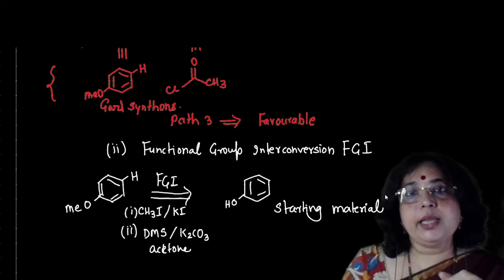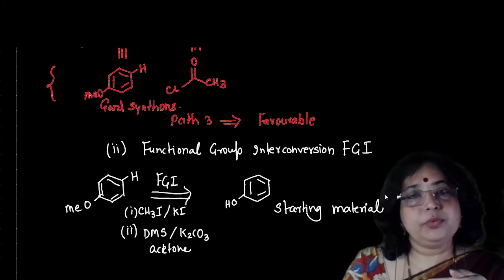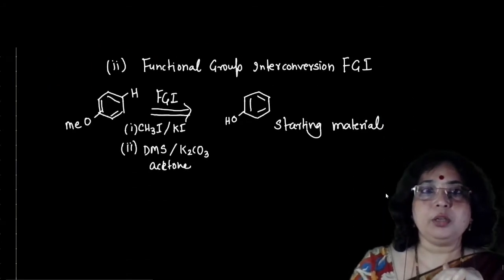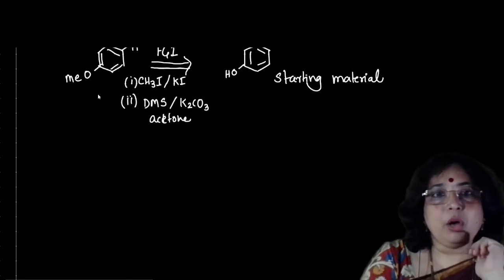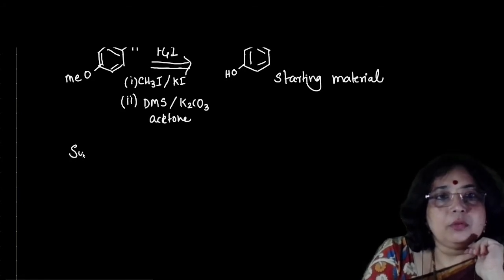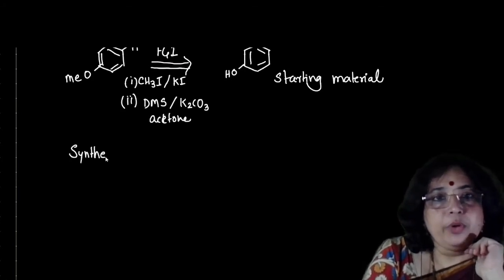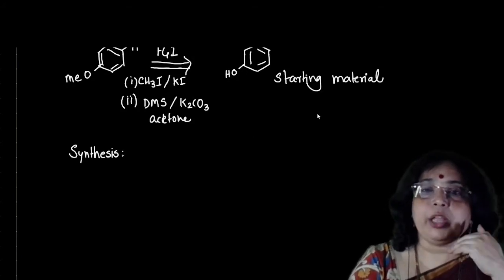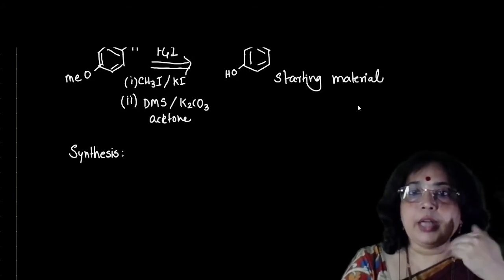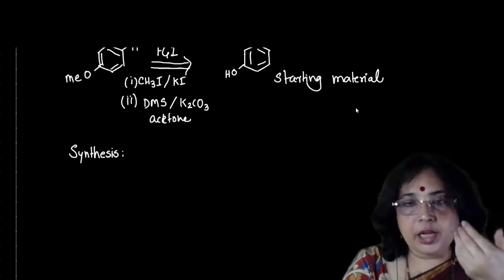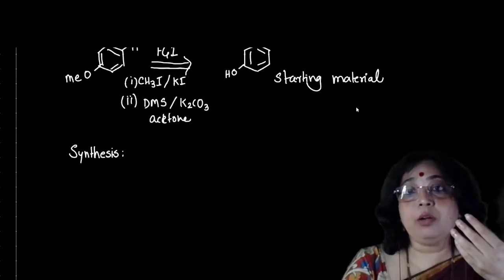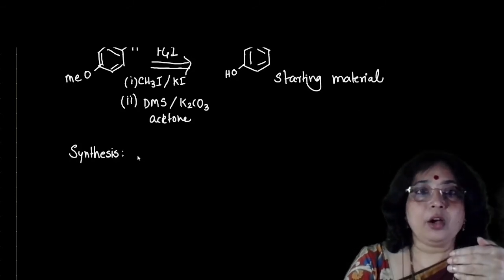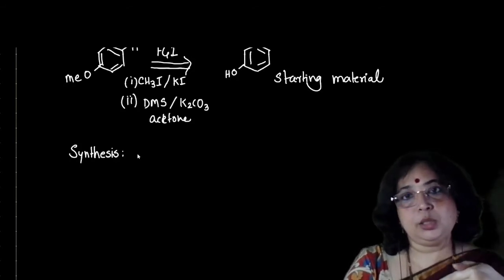Now let us carry out the second part of the retrosynthetic analysis, and that is the synthesis of the target molecule. Now I am moving towards the synthesis. As we know, whatever planning we have done in our mind and on paper is verified or cross-checked in the synthesis part.